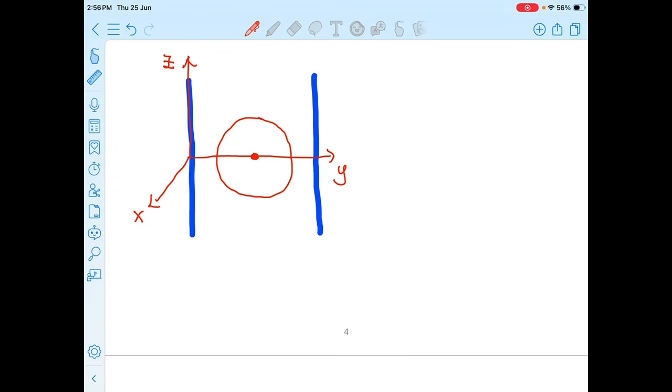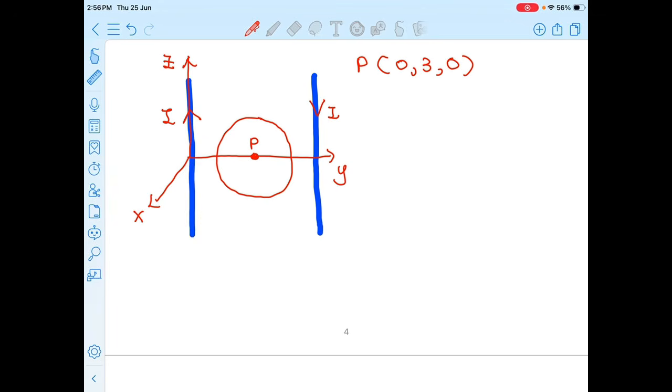The position P here is equal to 0, 3, 0. The current is 1 ampere here. Just now our current was moving this way, but now I want to modify the question so that the current is going down.